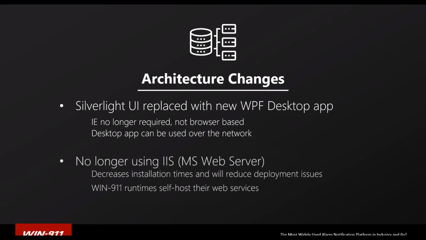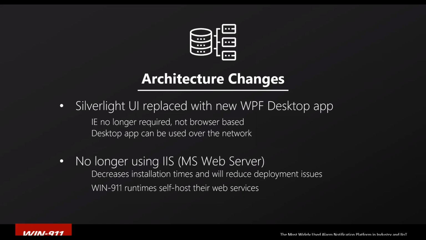We also removed the IIS component from WIN-911, which we were using to host app servers and our WIN-911 modules. We decided it was unnecessary, and the reason we did that is because it was a source of a lot of our support issues. By getting rid of it, we were able to decrease our installation times and our deployment issues.